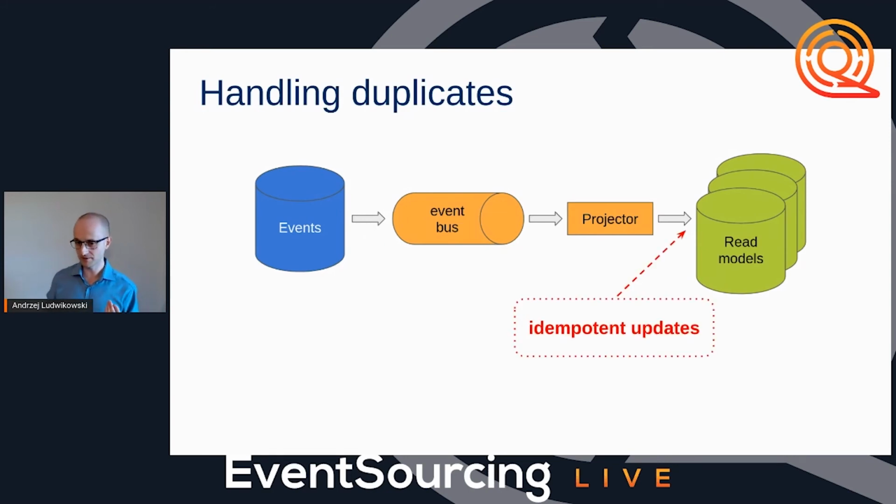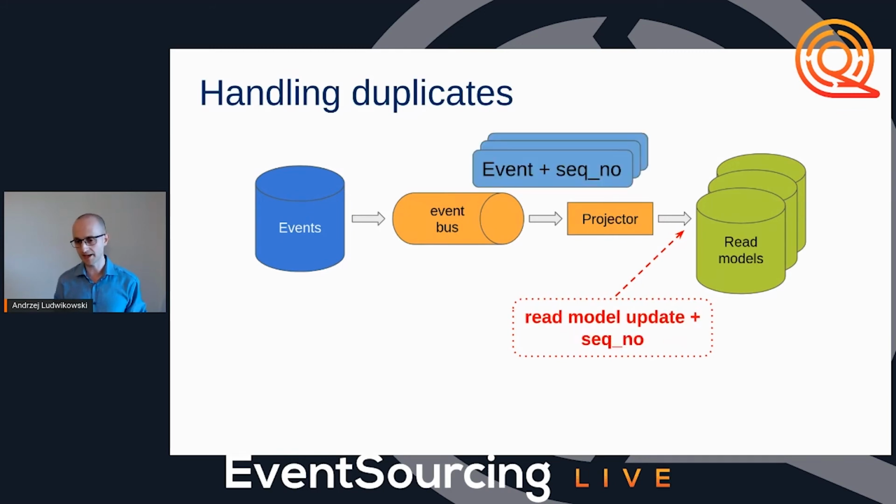So the best way to handle this situation is to have idempotent updates. Processing the same event twice will not change anything. This is super. But some projections are not idempotent by definition. So let's say that you aggregate something and count an average or whatever. In this case, processing the same event will corrupt the result. And in this case, you could use once again sequence numbers.